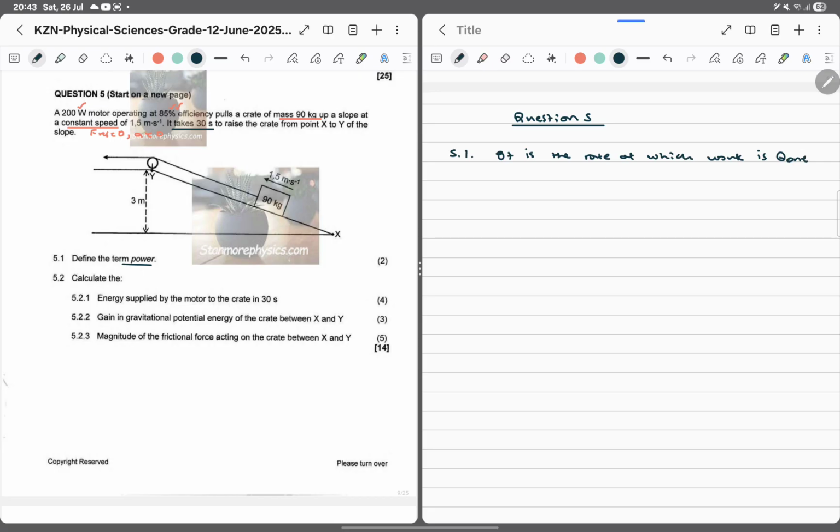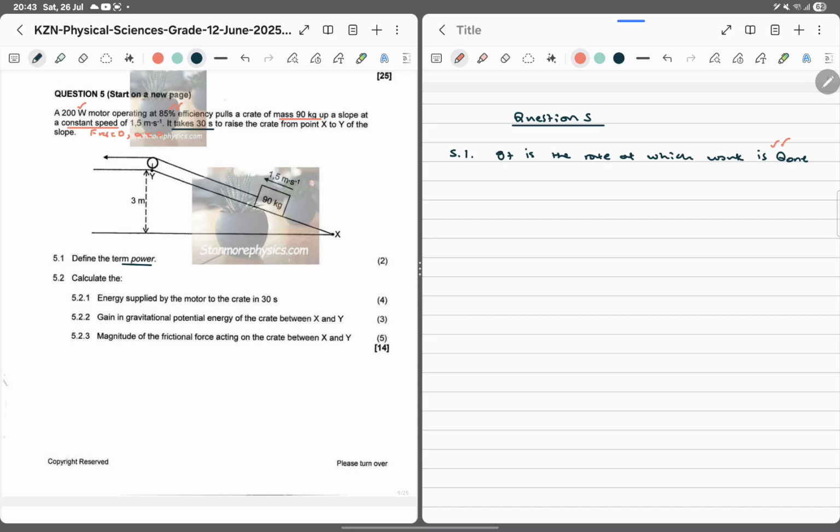Right, it's the rate at which work is done. Again, this is too generous to give 2 marks. This is a 1 mark type of a definition. But anyway, you get rewarded for nothing.